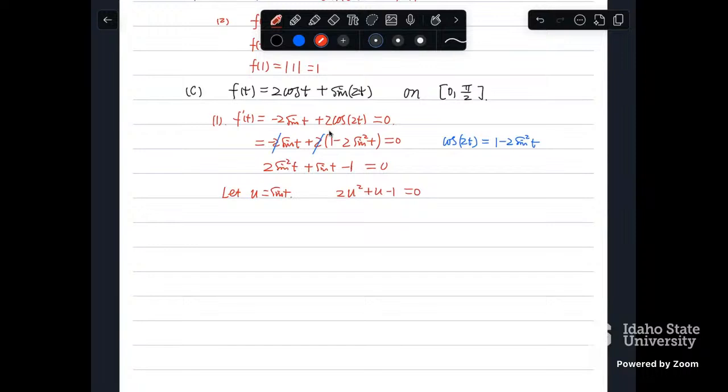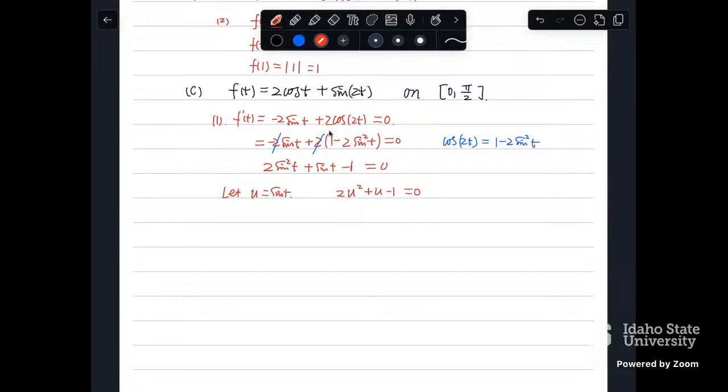And for this quadratic equation, how do we solve it? Well, there are a couple of ways you can solve a quadratic equation.